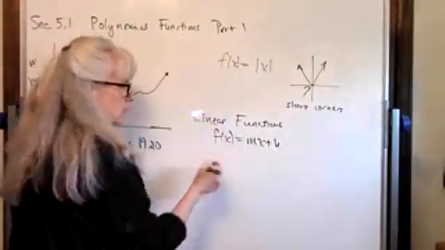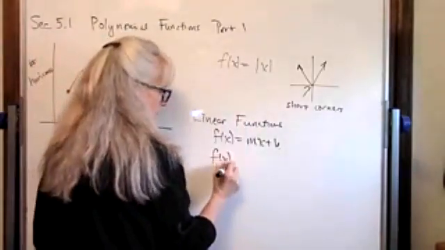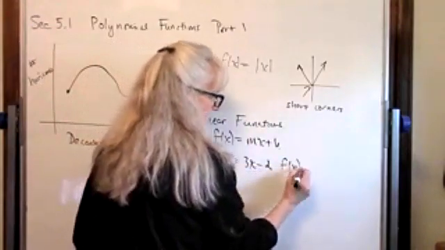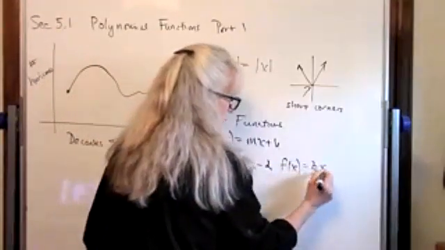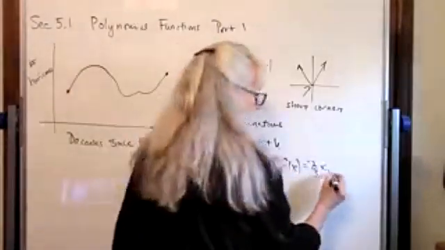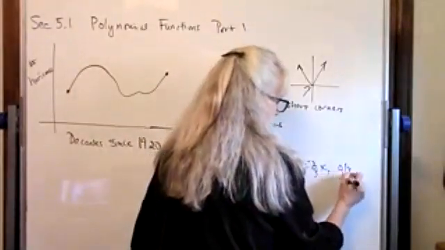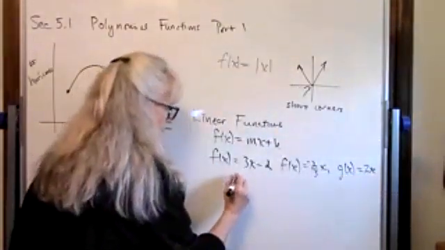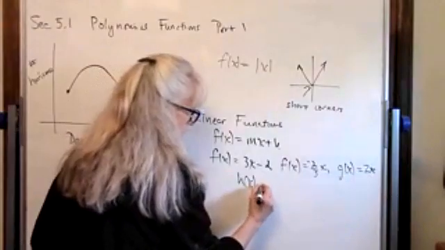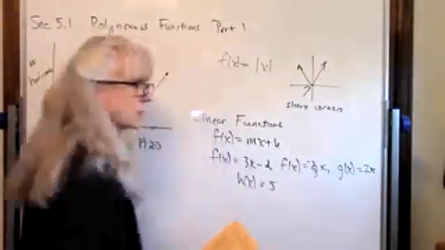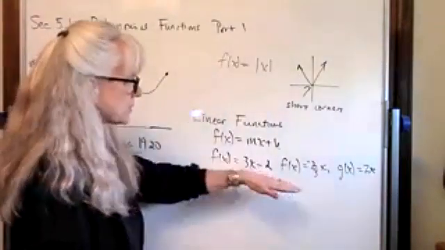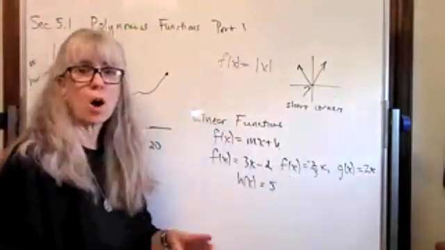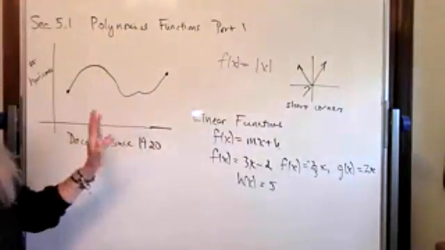Those are lines, and we know what those are. f of x is equal to 3x minus 2. f of x is equal to negative 2/3 x. And then also g of x is equal to 2x, or finally, h of x is equal to 5. So those are all lines that you should be able to graph, right? A positive slope, a negative slope, a positive slope through the origin, and a horizontal line. They all fit this definition of smooth and continuous.